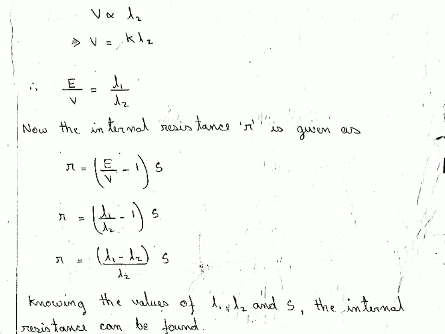Then here E by V is equal to L1 by L2. Therefore R is equal to (L1 by L2 minus 1) into S. Then R will be equal to (L1 minus L2) divided by L2, into S. So here, knowing the values of L1 and L2, we can find out the internal resistance of the cell.